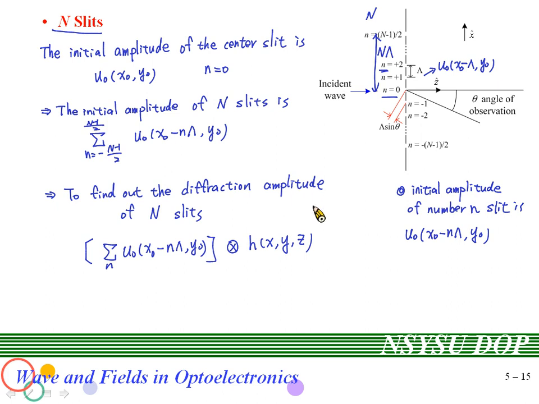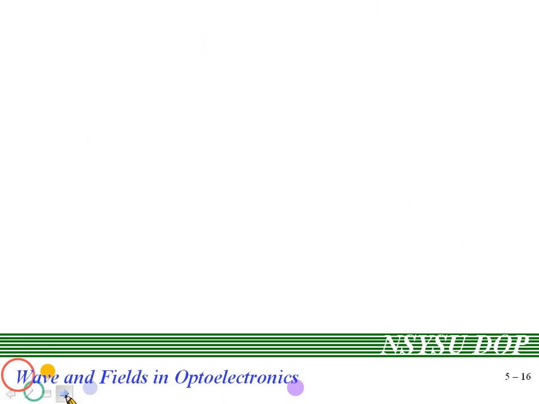But how to find this result? Let's go back to the Fraunhofer diffraction. Now, we only consider the diffraction amplitude in the far field region, so we consider the Fraunhofer diffraction. For the Fraunhofer diffraction, we know that the diffraction amplitude can be written as the following equation.